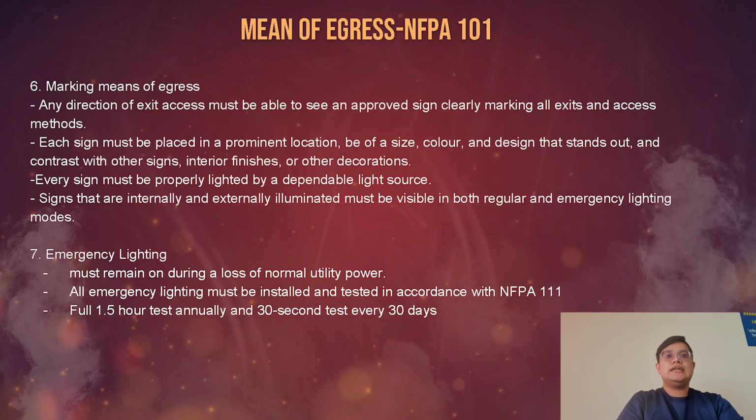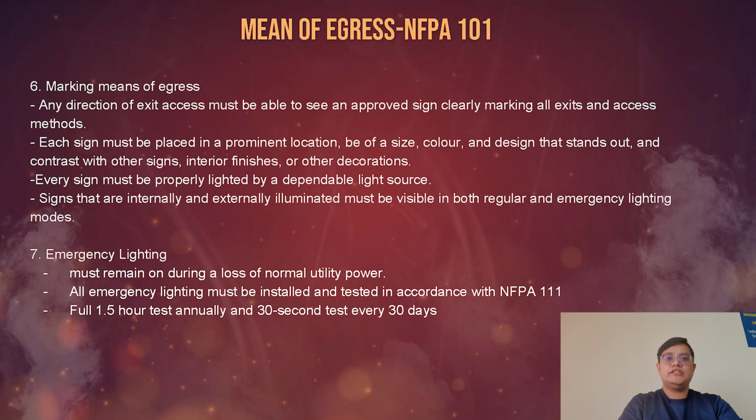The next thing highlighted in the means of egress is marking means of egress. Any direction of exit access must be able to see an approved sign clearly marking all exits and access methods.